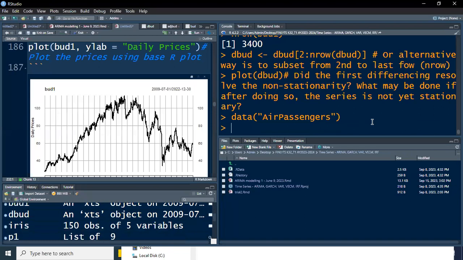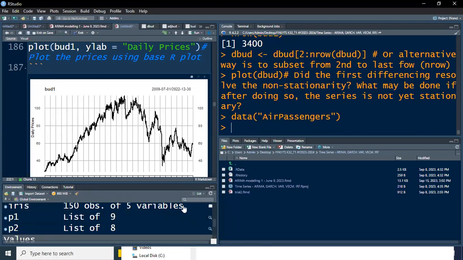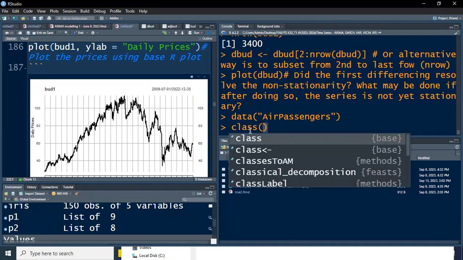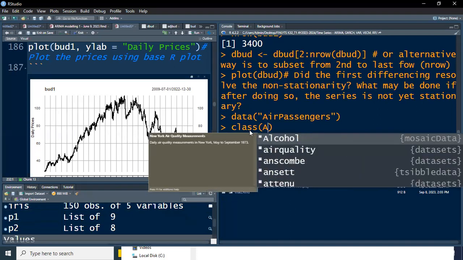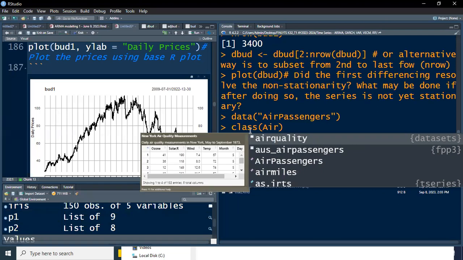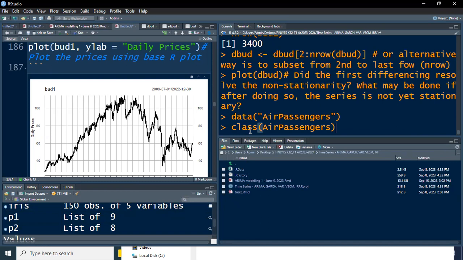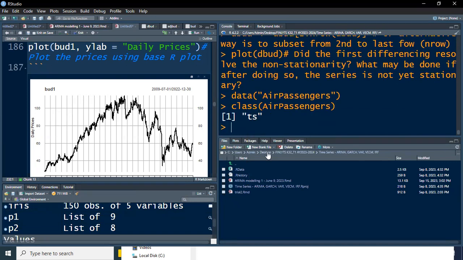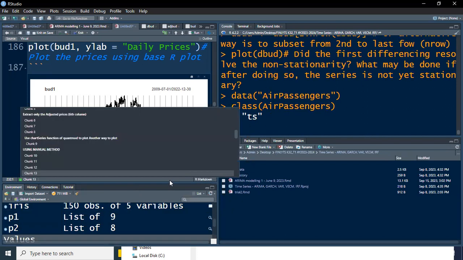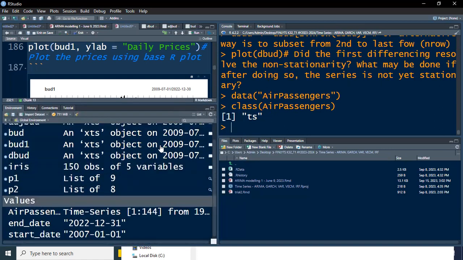Okay, data air passengers. Do you recall this, class? Okay, take note, ang air passengers, what's the class of air passengers? Yan. Class air passengers is time series yan. It's a special type of object then. It's a TS. Kaso, class, hindi siya XTS ha. It's a different thing.